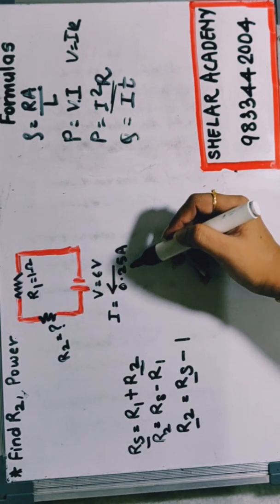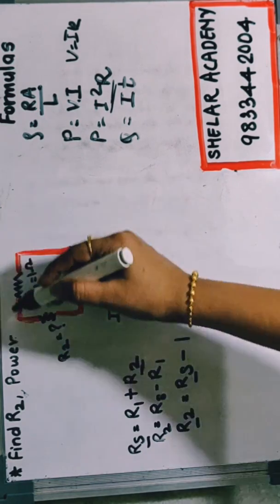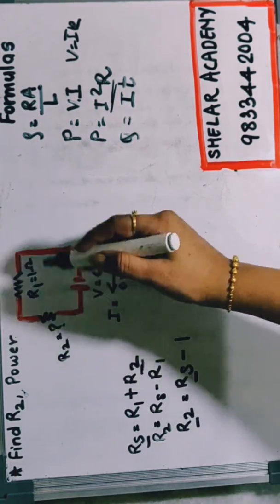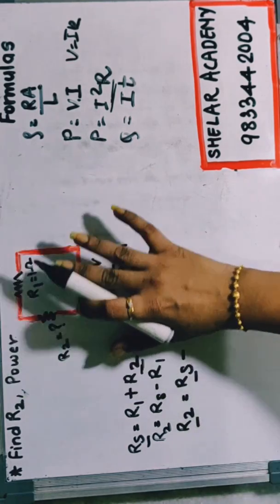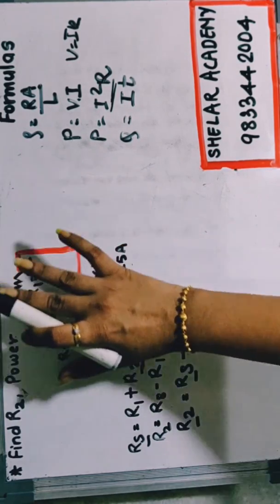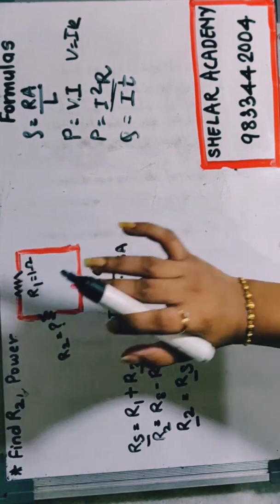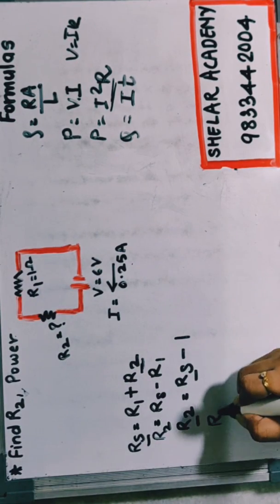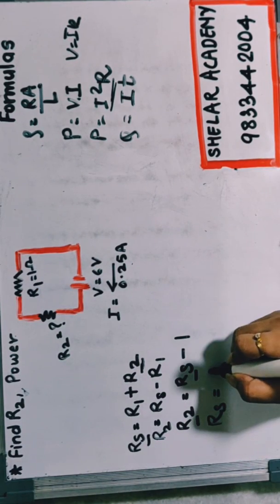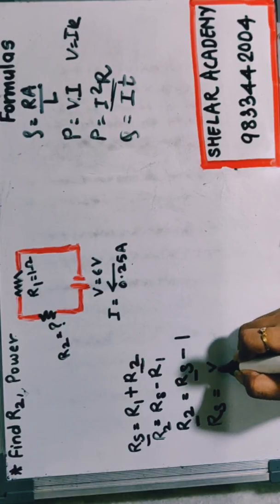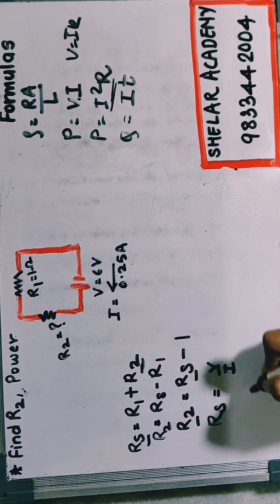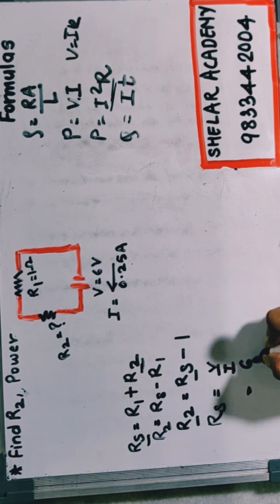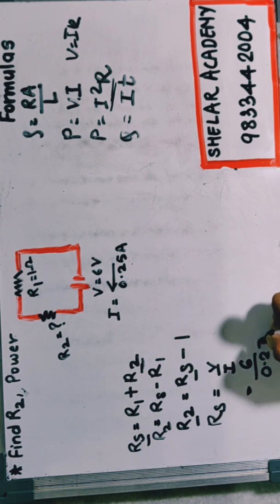We have voltage, current. So we can find out the equivalent resistance, because equivalent resistance will be the final overall resistance in the circuit. So Rs will be V upon I. What is voltage? 6. Current is 0.25.